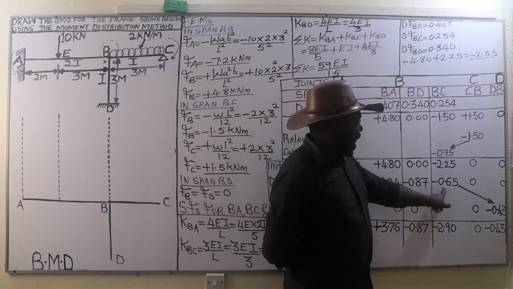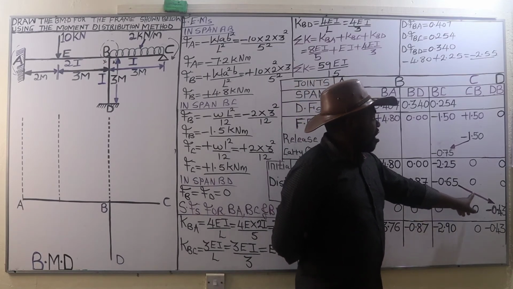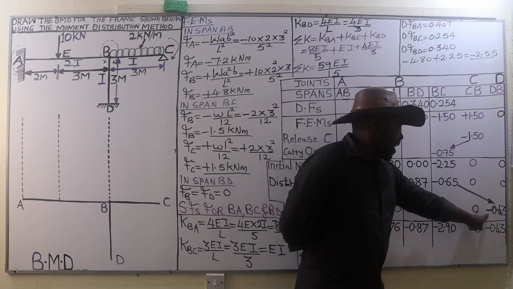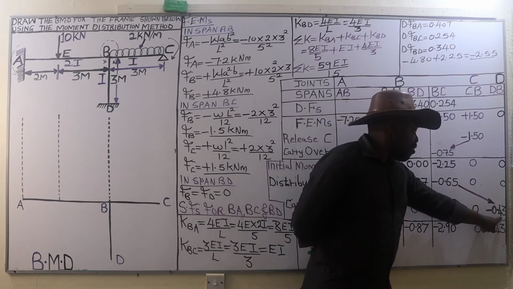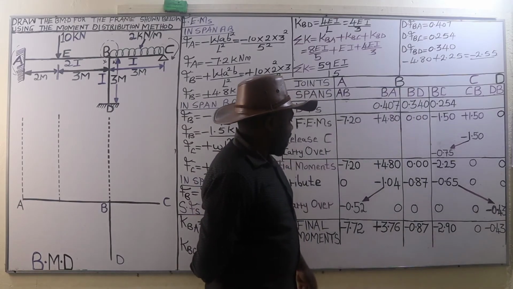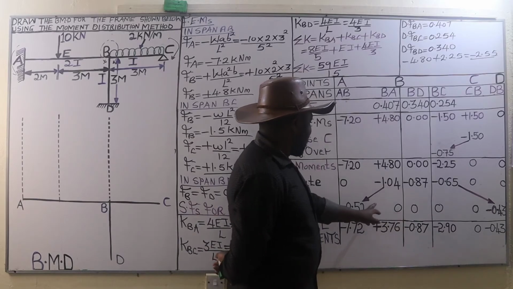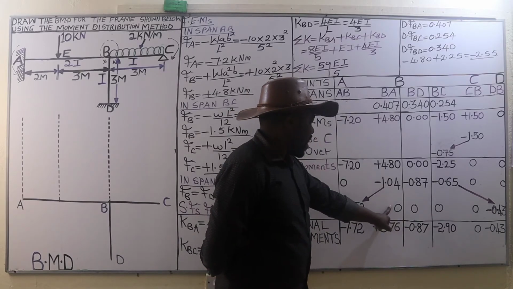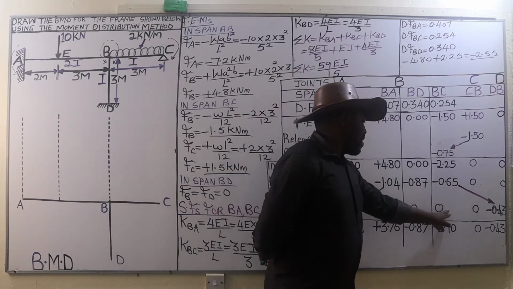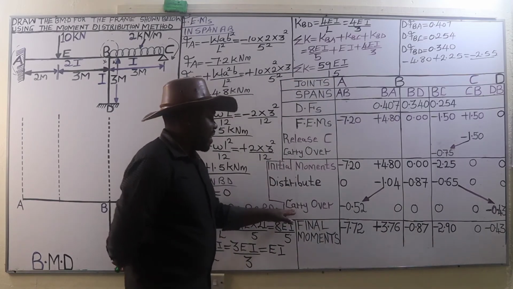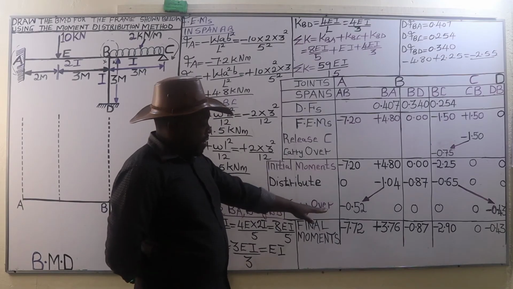So we are going to carry half of 0.65 all the way to joint D, and that's going to give us negative 0.43. For this one we don't have anything to carry over, and for this one we don't have anything to carry over, so we got zeros, and that's going to be the last part we are going to have.